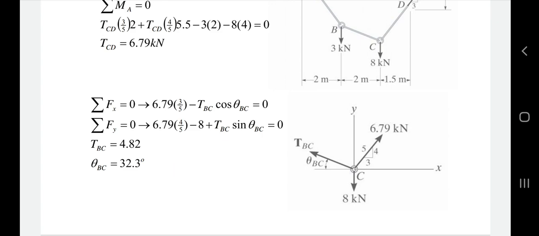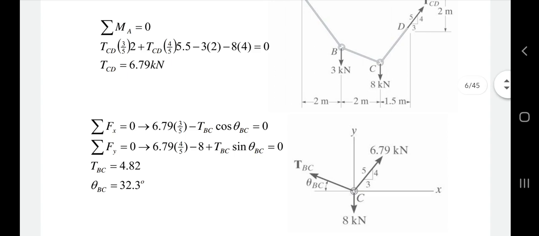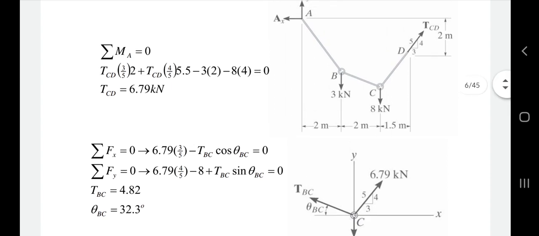Now we have found out TBC and theta BC. We have to move to the next point, that is member AB, and find out the tension in member AB and the theta as well.